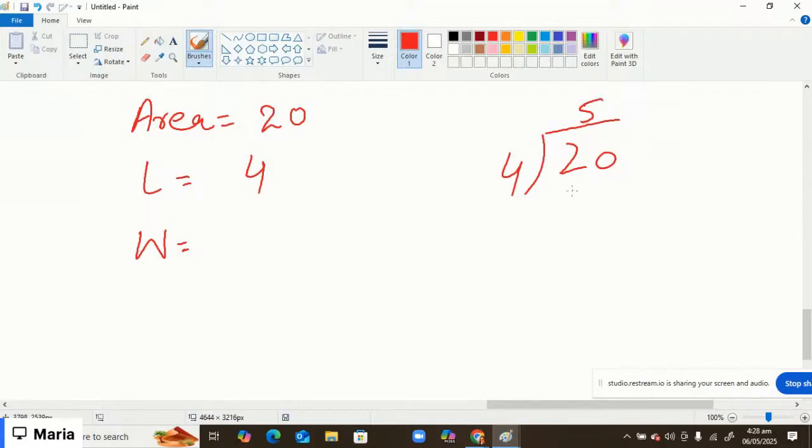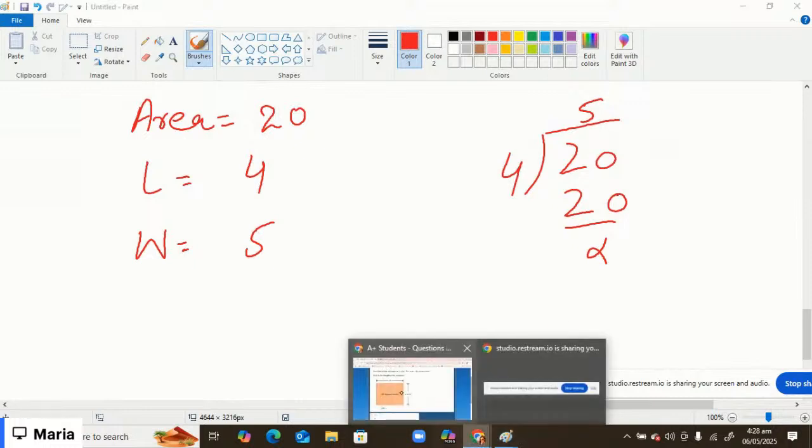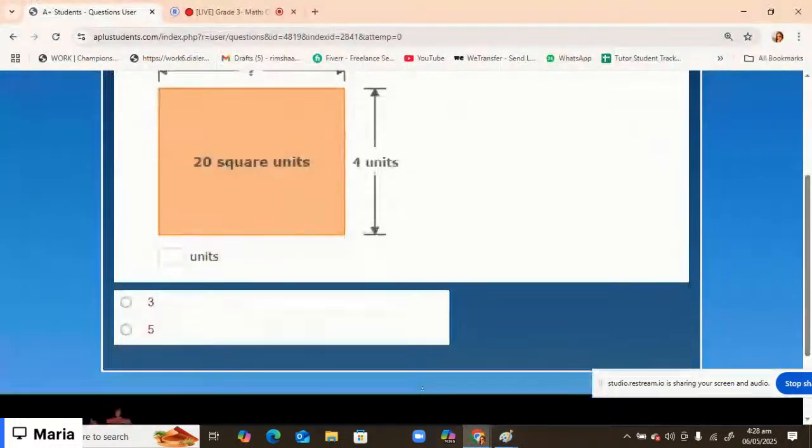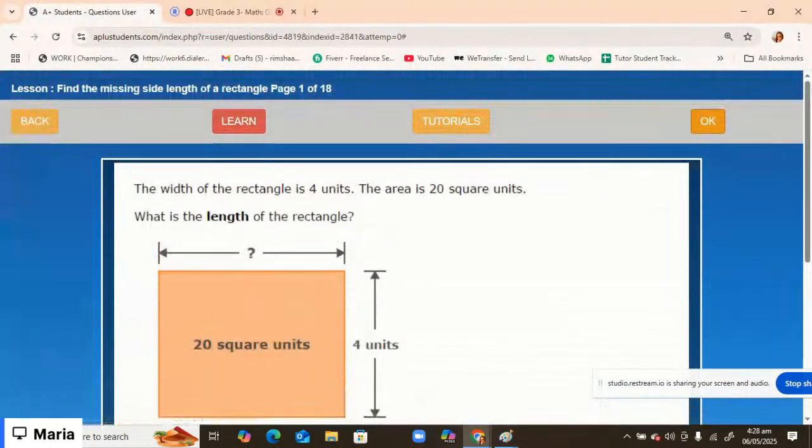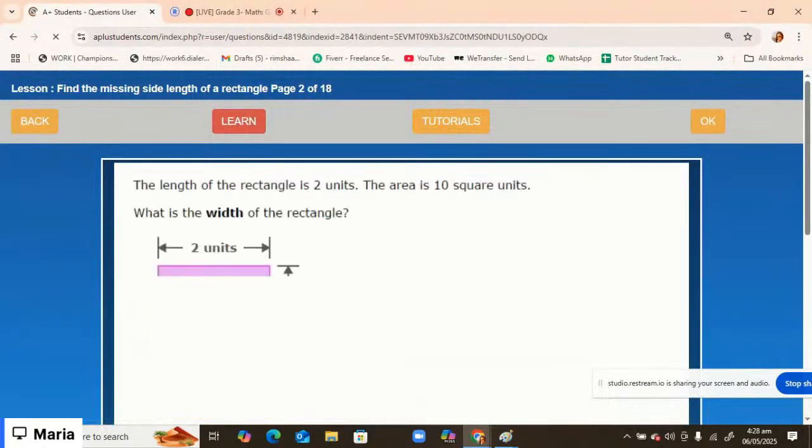When you divide 20 over the 4, 4 times 5 is 20. So the width is 5. Good, very good. Okay, let me just check. Is there any option for 5? It's here. This is the right answer.